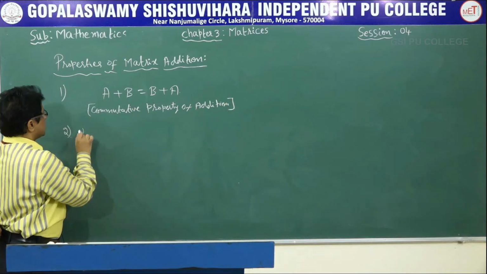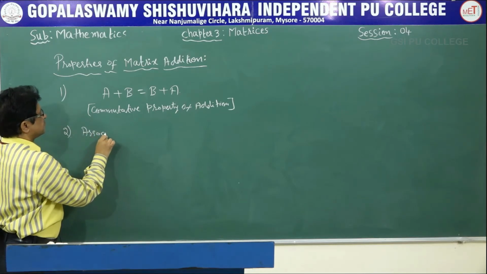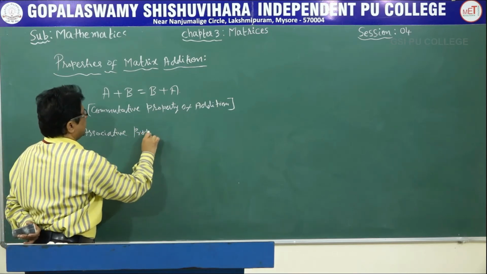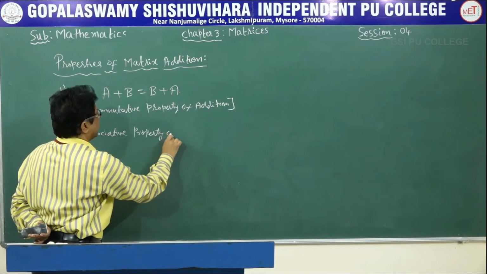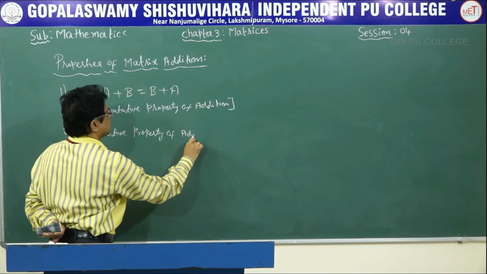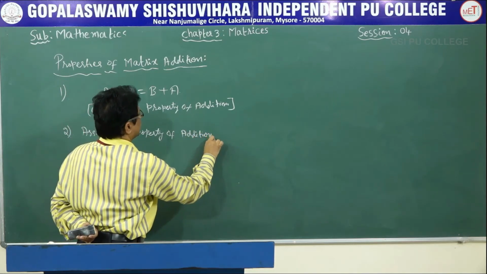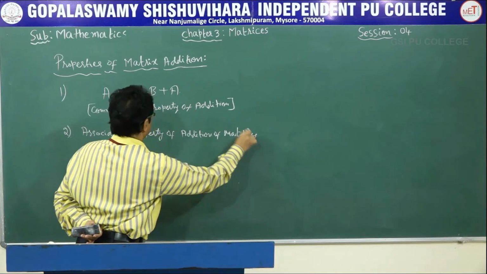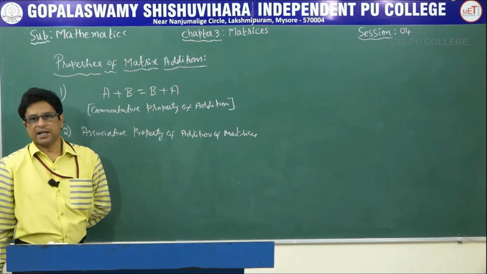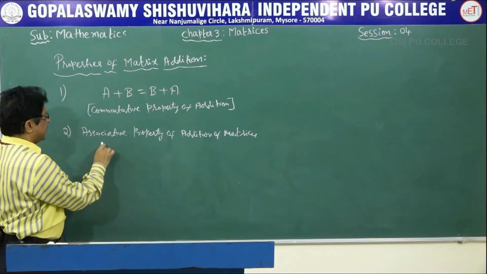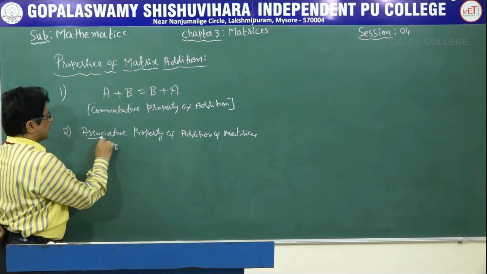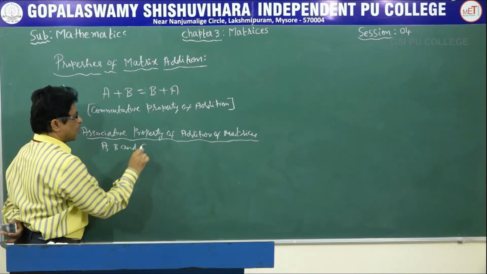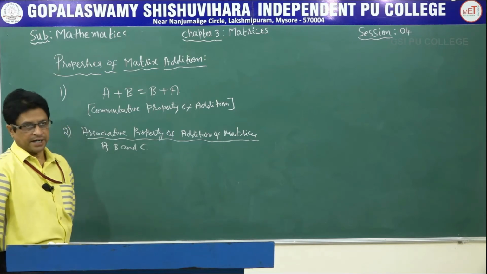Next is associative property of addition of matrices. That means if you consider three matrices A, B and C, of course it should be of the same order.